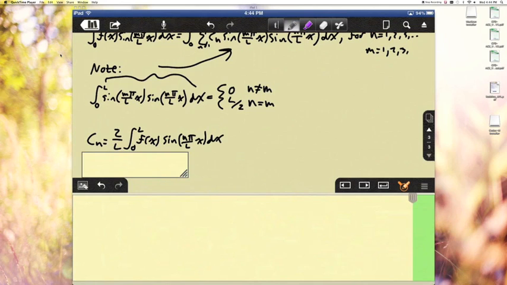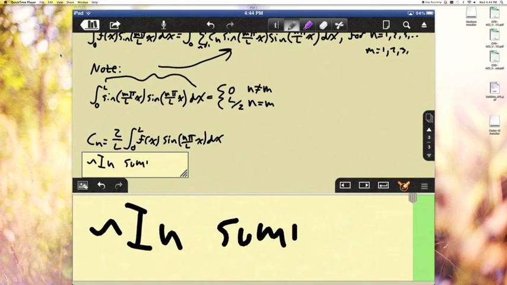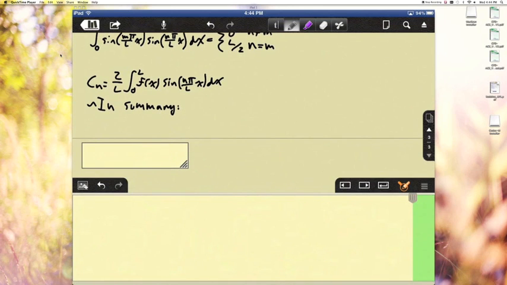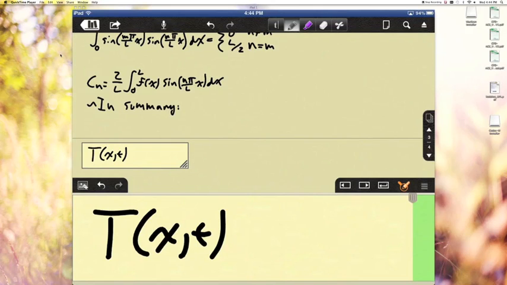So we can write out the solution in summary. In summary, we have derived the following for our temperature function. Our temperature is a function of x and t. For this simple rod example, it's a Fourier rod.